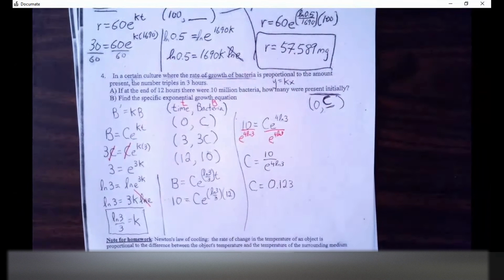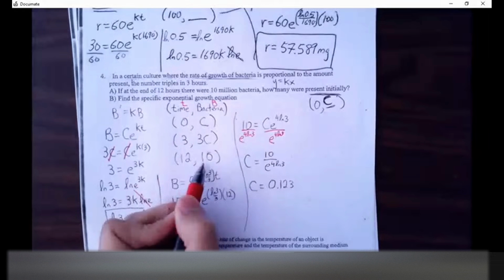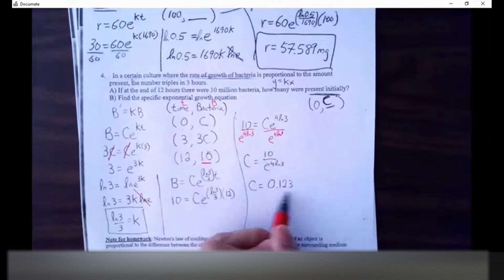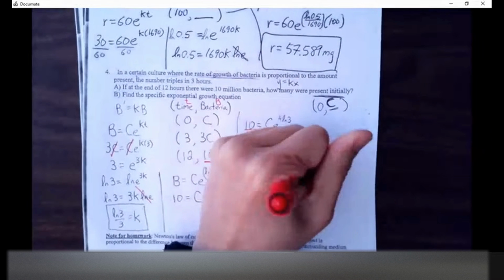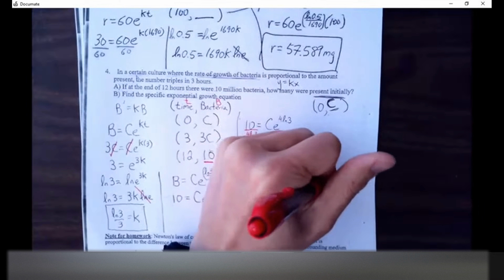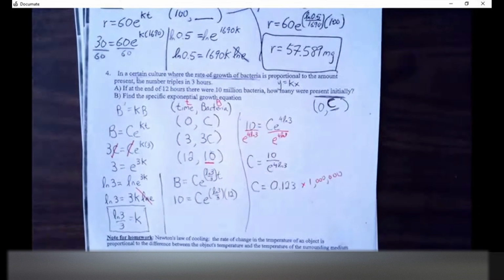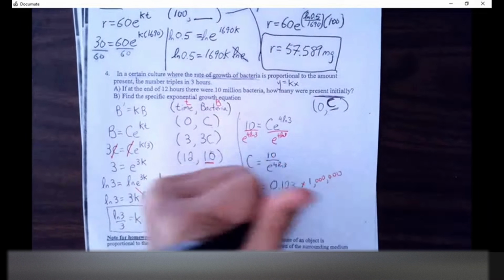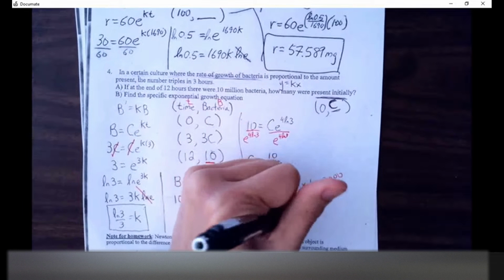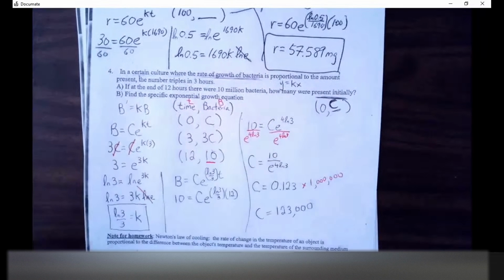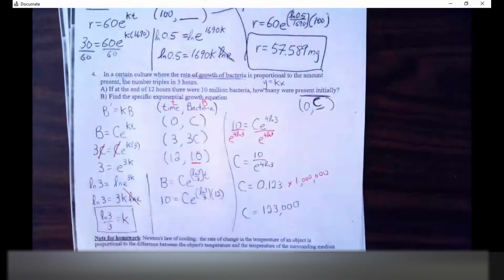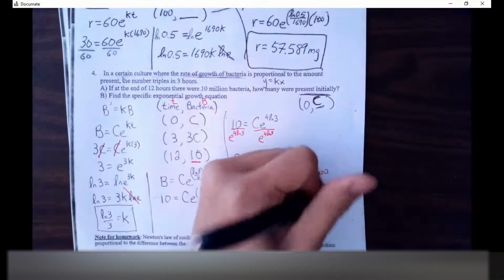So we need to multiply this by a million because we started with 10 representing 10 million. So this is 0.123 million. So multiply that out, we get 123,000. So this is our approximate number of bacteria initially.